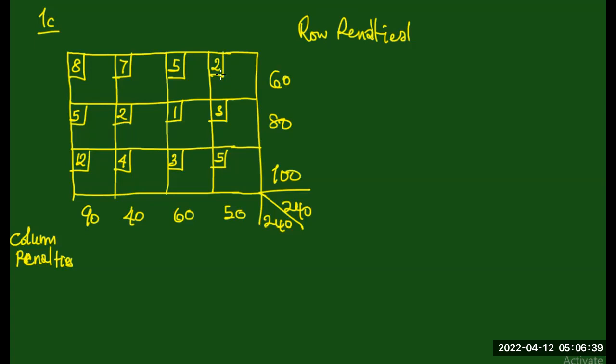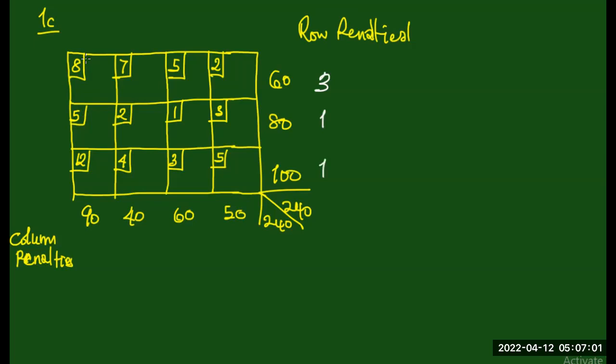What is the next least? 5. Difference between the two, 3. Next, least is 1, next least is 2. Difference is 1. Least is 3, next least is 4. Difference is 1. That is for the row penalty.